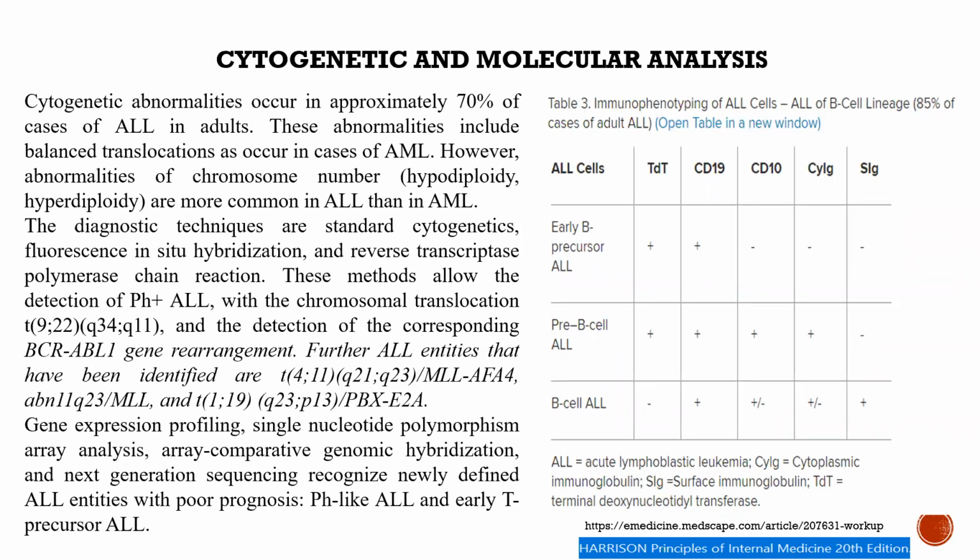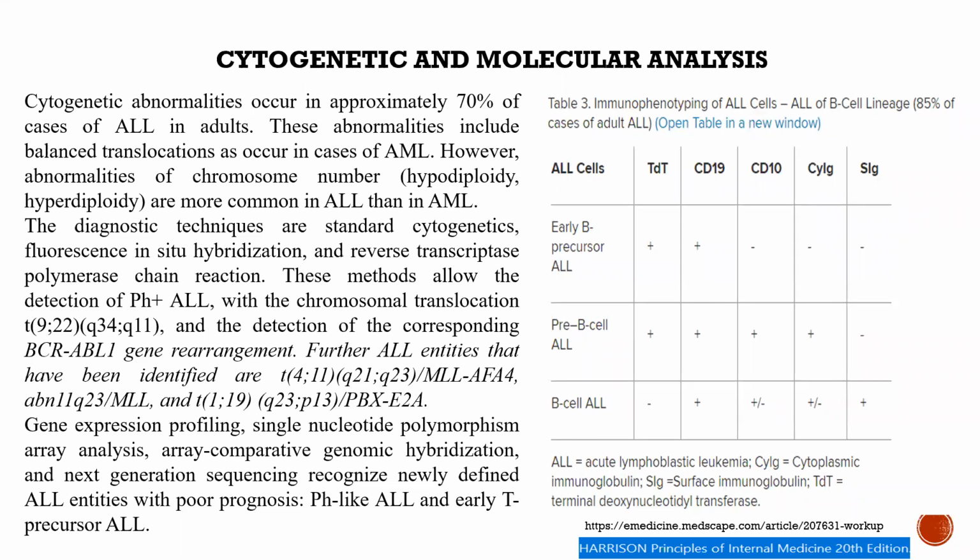Cytogenetic abnormalities occur in approximately 70% of cases in adult population with lymphoblastic leukemia. These abnormalities include balanced translocation as occur in cases of myeloid acute leukemia. However, abnormalities of chromosome number are more common in lymphoblastic variant than in myelogenous.